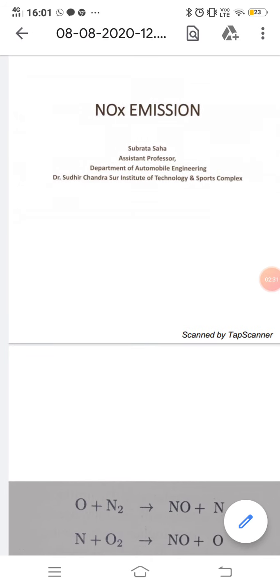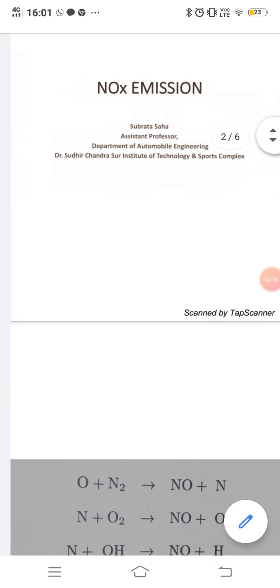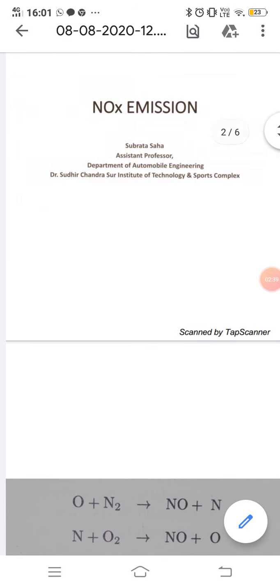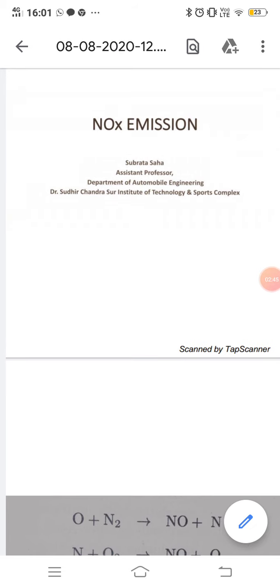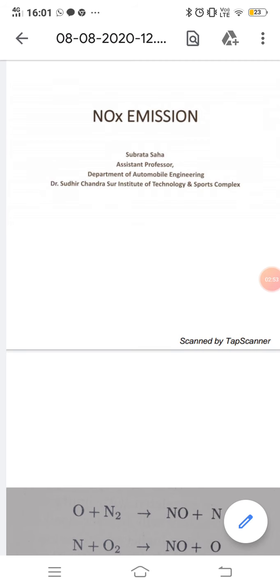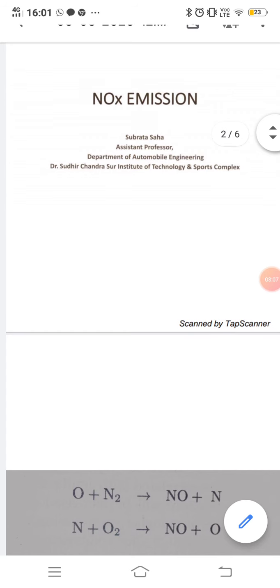That is a very important parameter, because in BS1, BS2, BS3 the main concern was hydrocarbon and carbon monoxide, but in BS4 the Central Pollution Control Board totally emphasized NOx emission reduction, because it is also a very harmful gas, and further constituents like ammonia and hydrogen cyanide may be generated from the NOx.